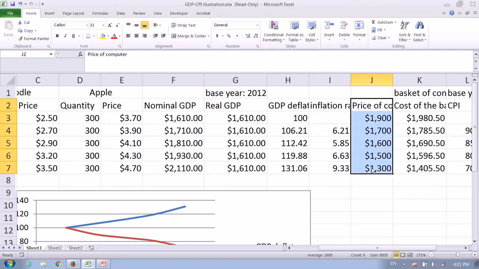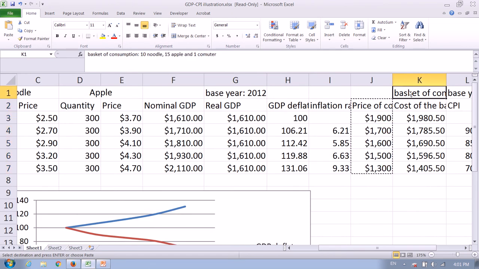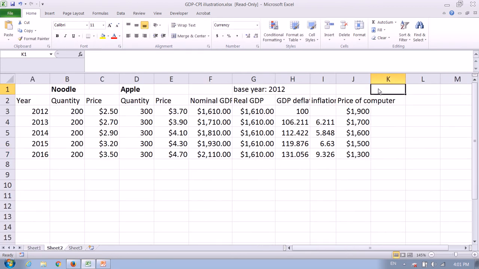So the price of a computer is as follows. In year 2012 it is 1,900. It drops to 1,300. Okay, a typical basket, a basket that a typical consumer consumes, is 10 noodles, 15 apples, and 1 computer.